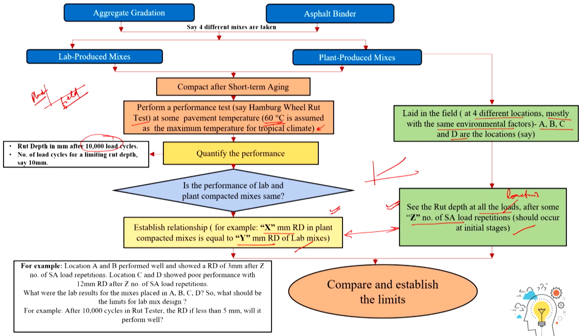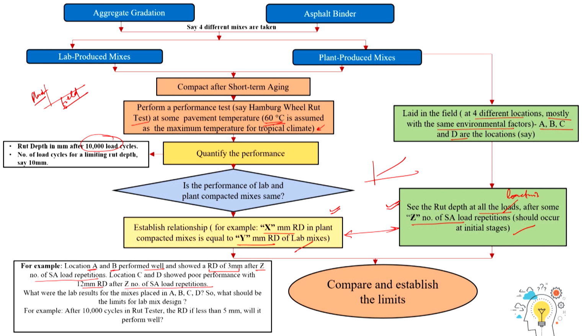For example, let us say locations A and B performed well and showed a rut depth of 3 mm after z number of standard axle load repetition. Let us say locations C and D showed poor performance with 12 mm rut depth after z number of load repetition.